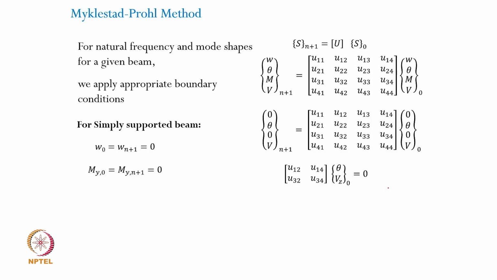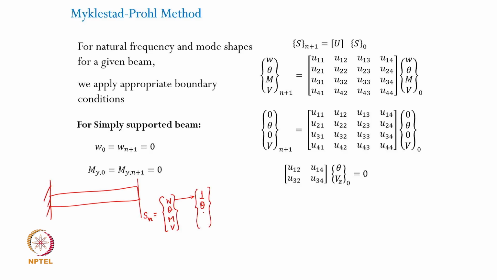For example, in the case of the cantilever beam, you discretize it into several segments, and the state vector here was w, theta, m and v. I can now simply state that the deflection at the free end is equal to 1 unit. I do not know the theta value, and m and v are anyway zeros.